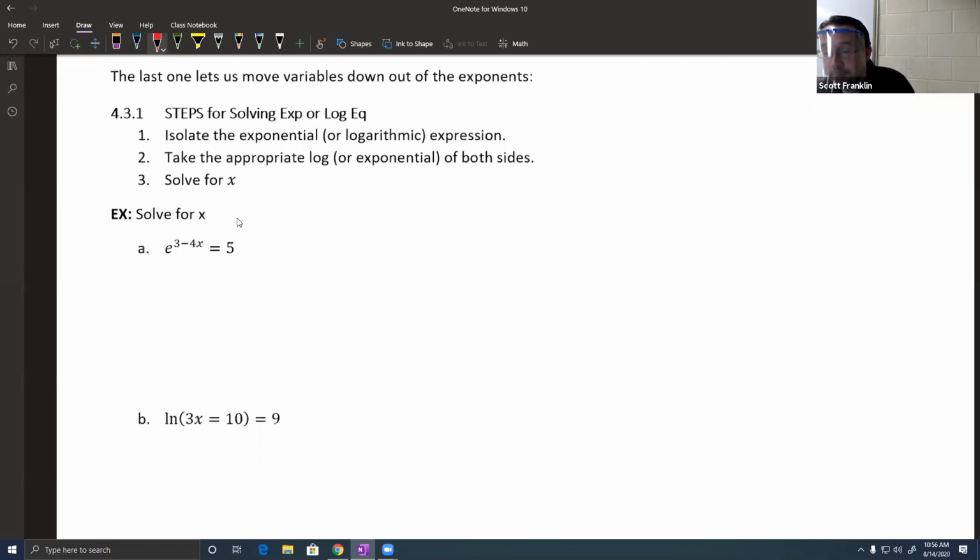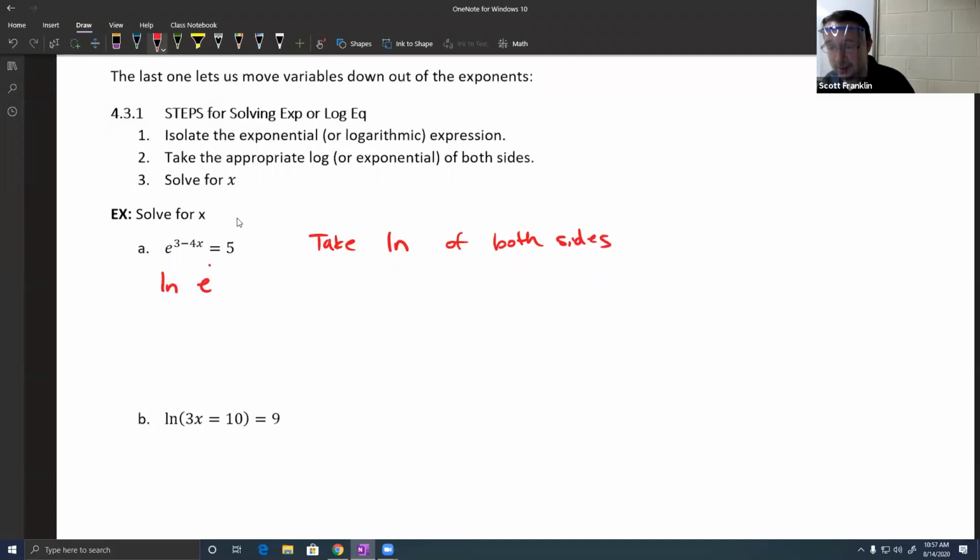So on this one, I would take the log of both sides because it's got a variable in the exponent. To get rid of the variable in the exponent, I'm going to take the log whose base is e of both sides, which is the natural log of both sides.